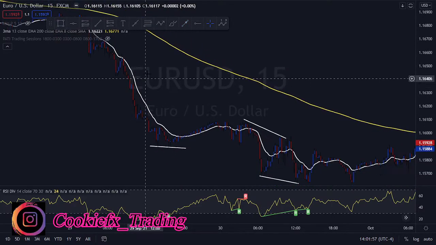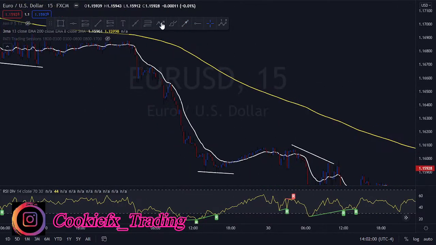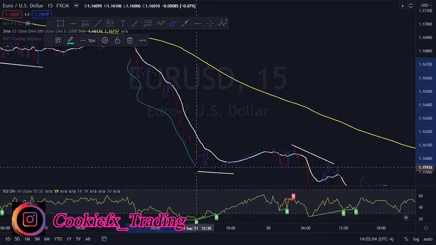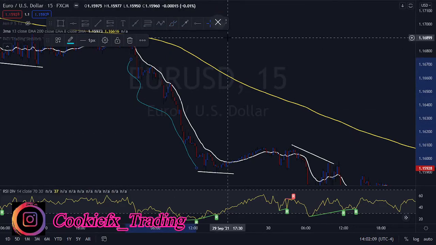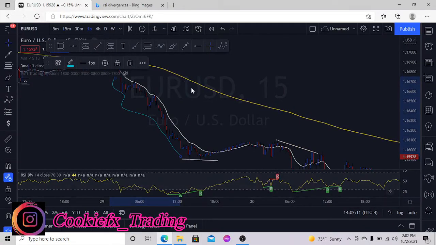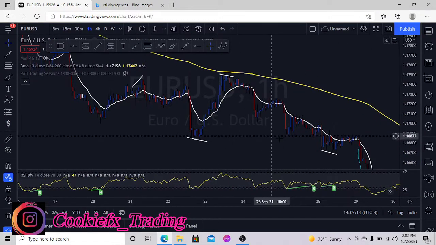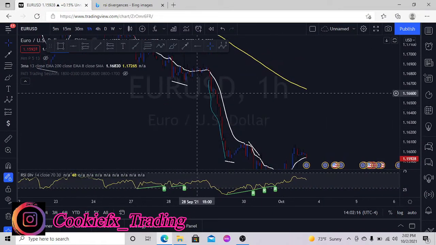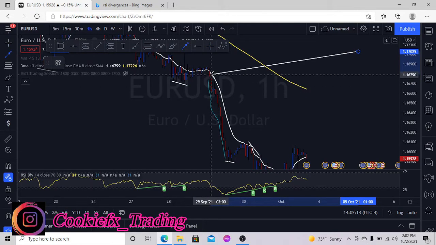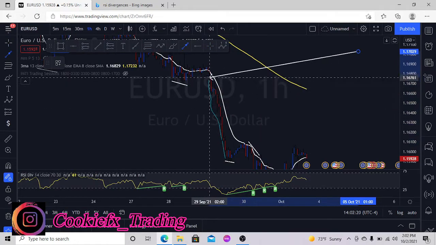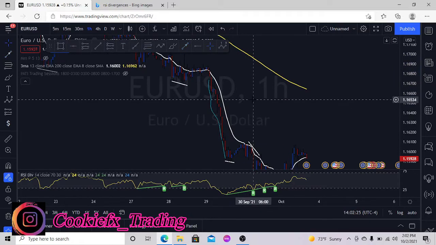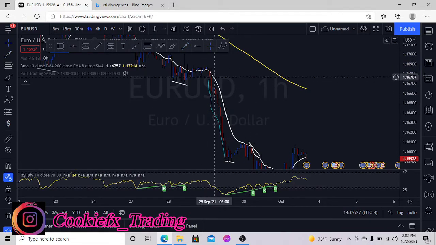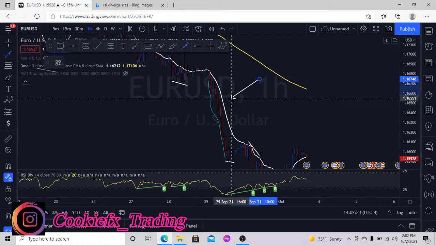For example, this is the 15-minute chart, but this entire move, this entire sell, when you go to the 1 hour and the 4 hour so that you can see what I'm talking about, you can see that these are just straight bearish candles. Divergence will never have a big drop like that. It'll have a small drop.